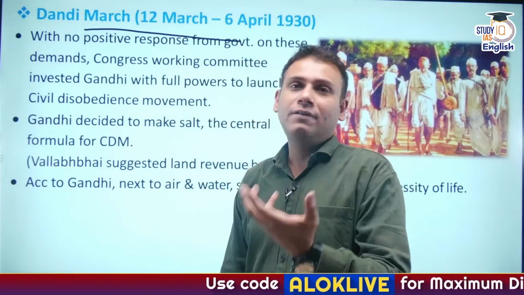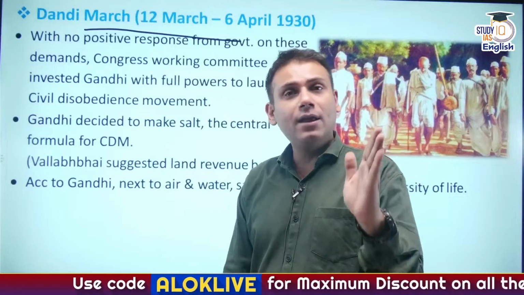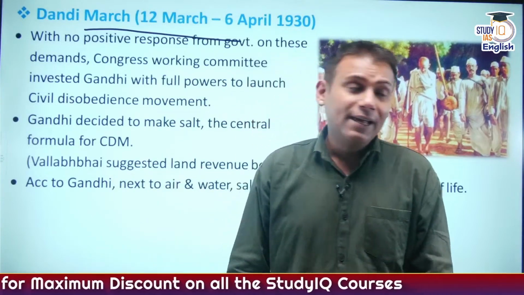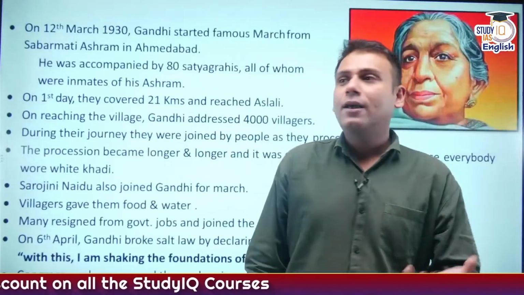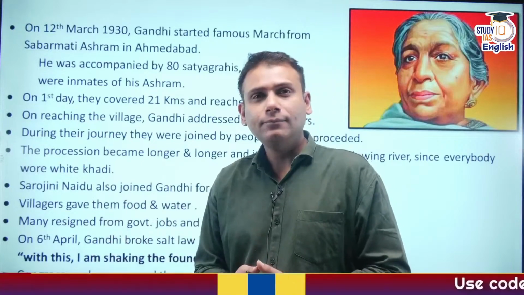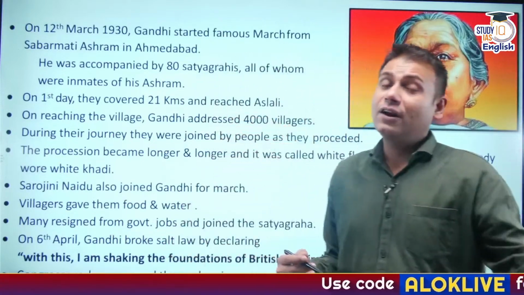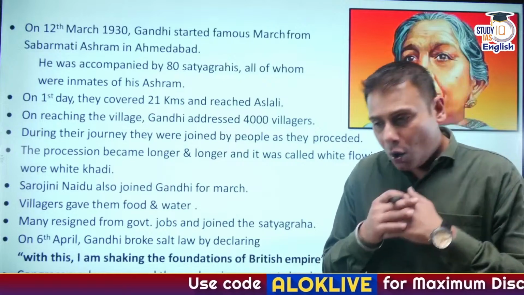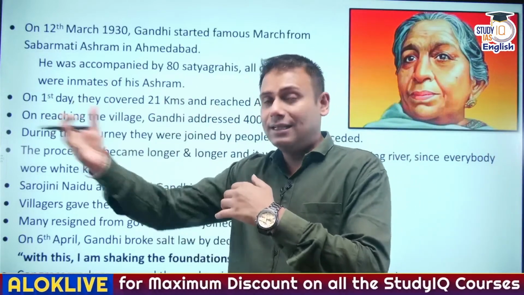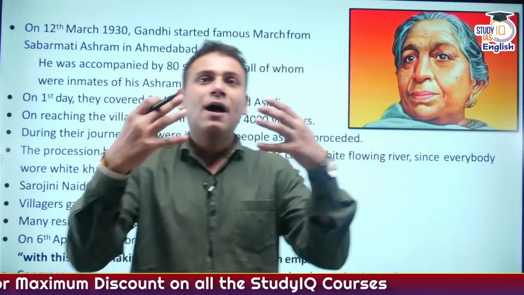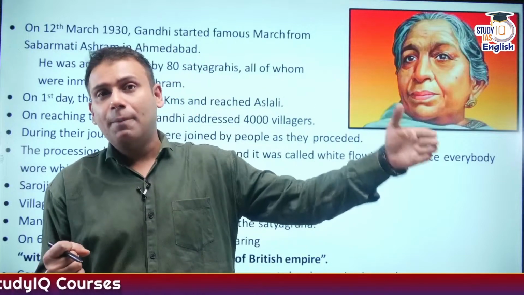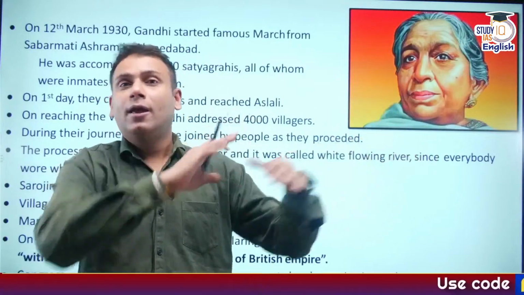And he initiated this yatra or march along with 78 to 80 satyagrahis. On the very first day of the yatra, he covered approximately 21 kilometers and reached a village called Aslali. Here he addressed a crowd of thousands. Now, Sarojini Naidu specifically quoted that wherever Mahatma Gandhi went during this entire journey from 12th March to 6th April, people started joining him.